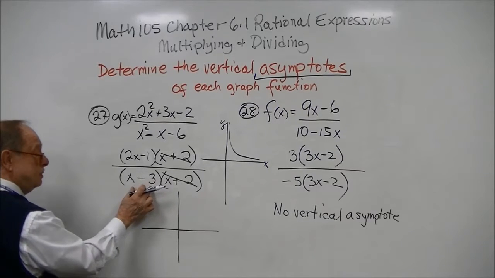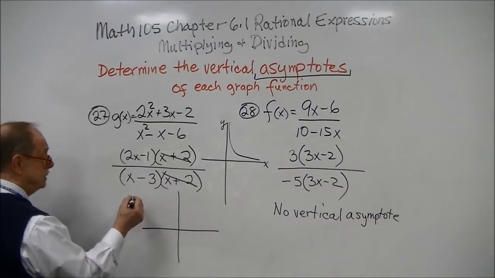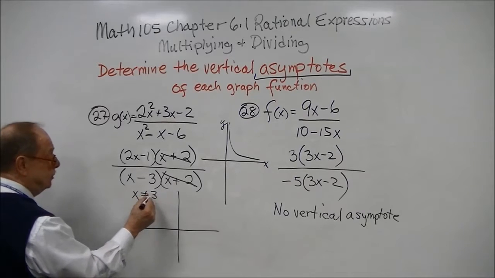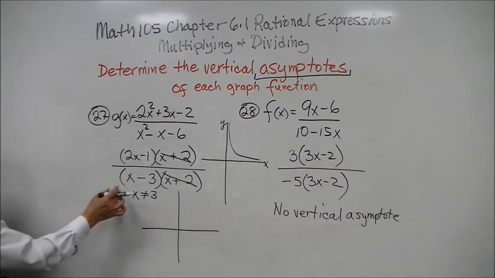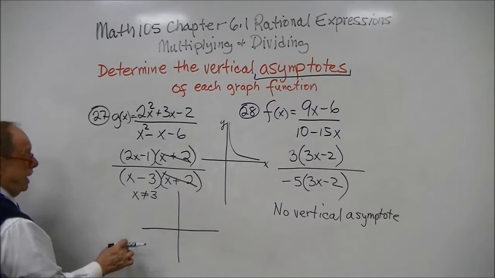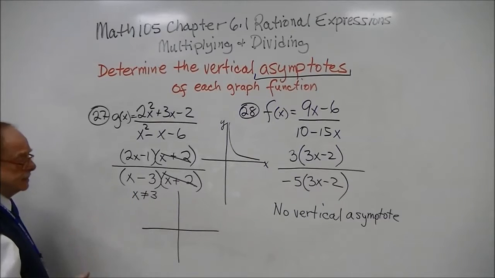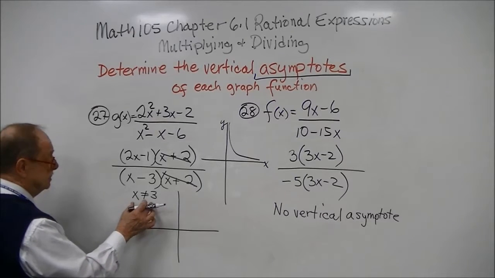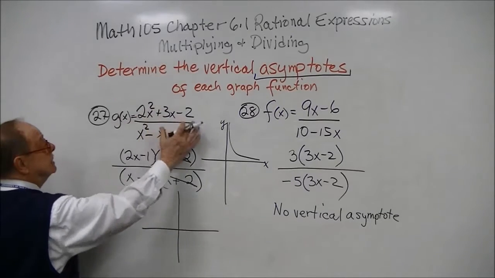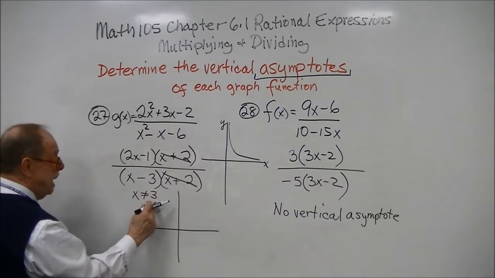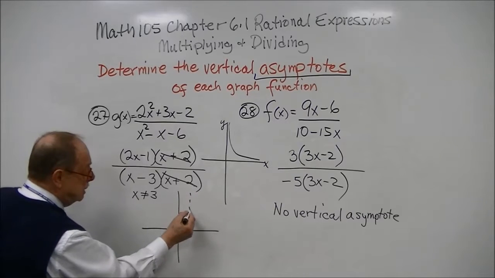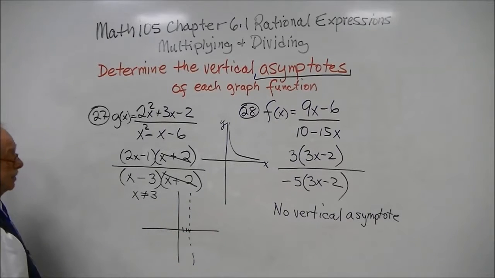And then if we were to find the domain, we'd see here that it's all values except x cannot equal 3 for this value. And again, it gets a little complex, but the vertical asymptote then for this expression happens to be 3, which we could dot in like so.